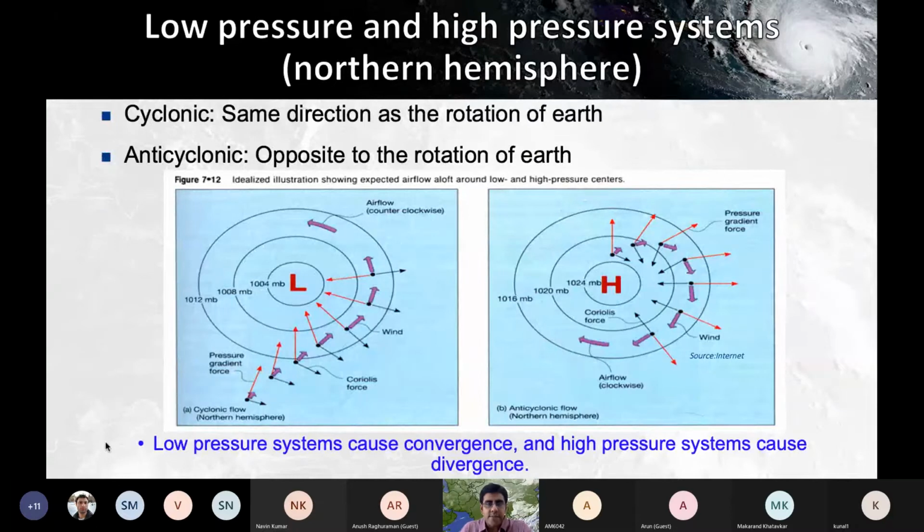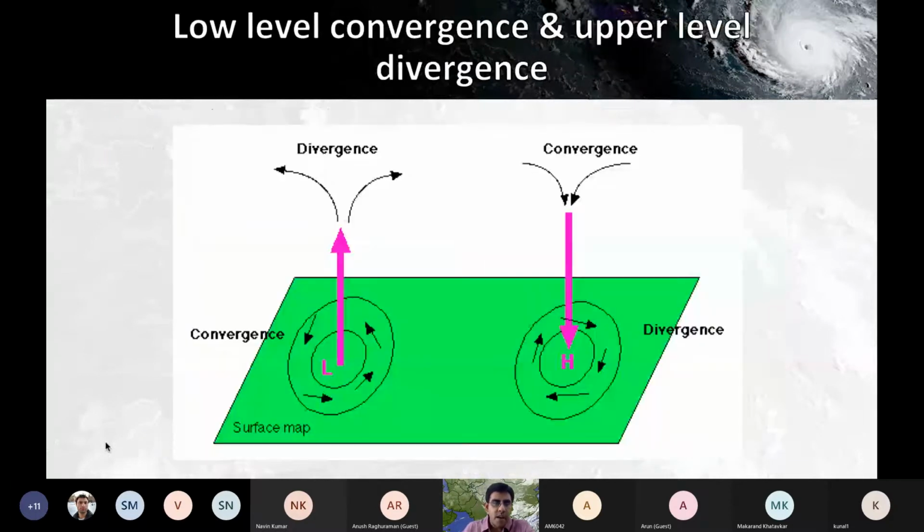So this I have already covered. I'm just going to skip because I think I already showed what is a low pressure, what the winds are, and what is high pressure, how the winds move in a high pressure. And low level convergence with upper level divergence is the recipe that gives rise to a lot of intense cloud formation. Correct. So you're always on the lookout for low level convergence or low pressure on the surface and upper level divergence.